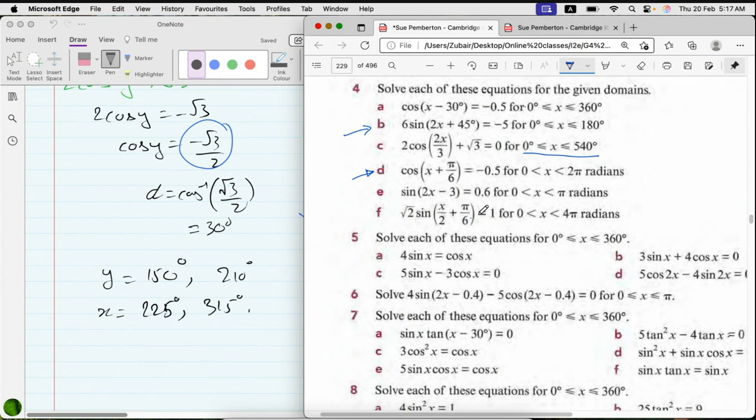We have 3 exercises left in this chapter, including this one. D part, right? Yeah, D. Okay.